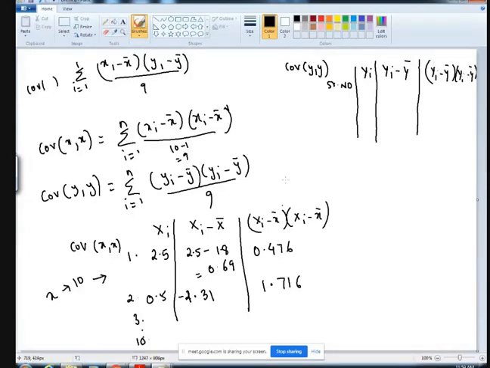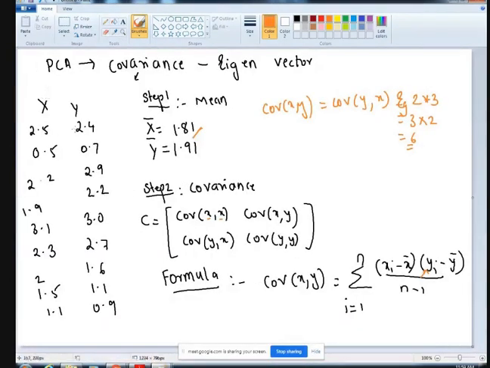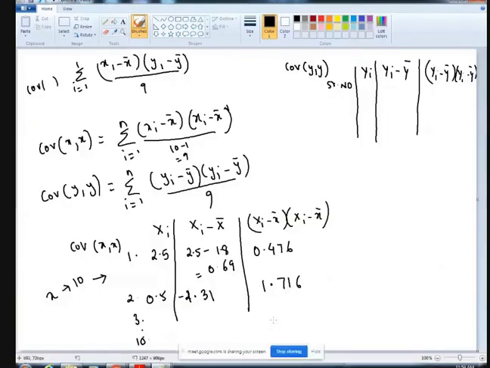As per the given problem, you have the instance 2.4 here and 0.7. Similarly you will find out for 10. First let us do it only for the first two, then you can find out the remaining ones.